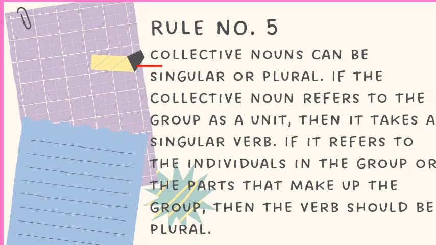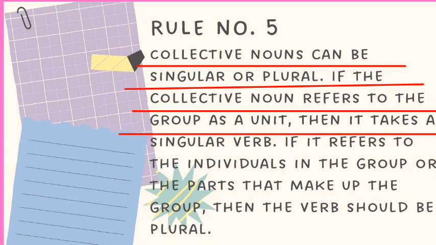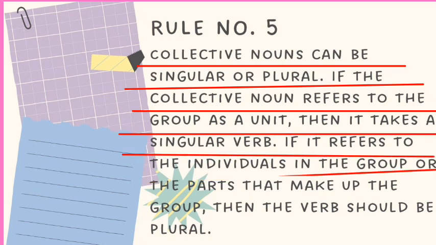Collective nouns can be singular or plural. If the collective noun refers to the group as a unit, then it takes a singular verb. If it refers to the individuals in the group or the parts that make up the group, then the verb should be plural.